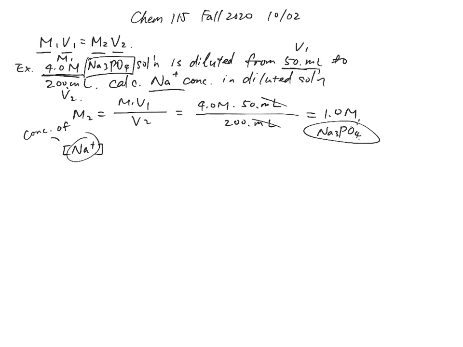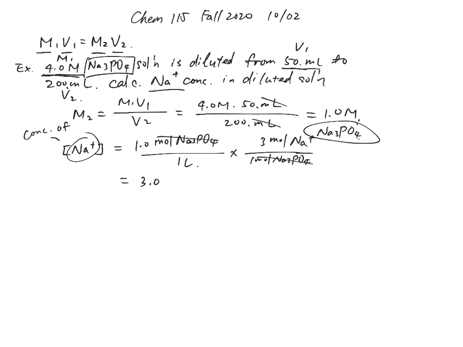So the concentration of sodium ion should equal 1.0 mole of Na3PO4 per liter of solution, and each 1 mole of Na3PO4 should produce 3 moles of Na plus ion. That cancels the compound and gives me 3.0. It's still mole over liter, so molar Na plus.